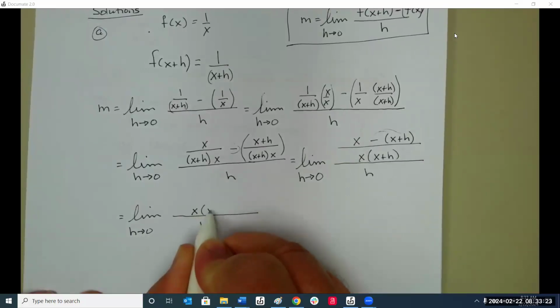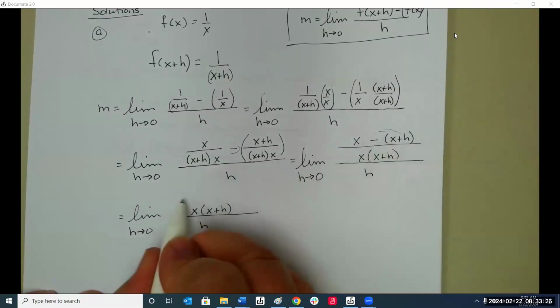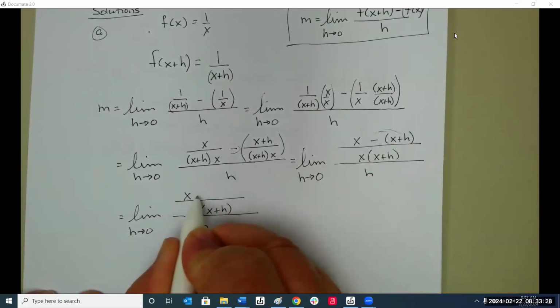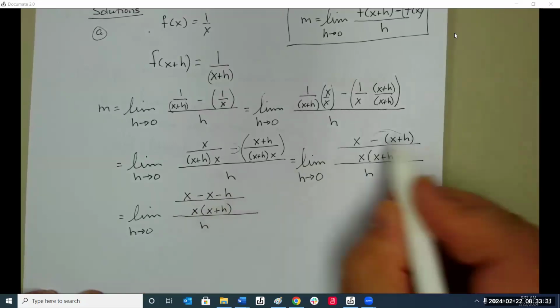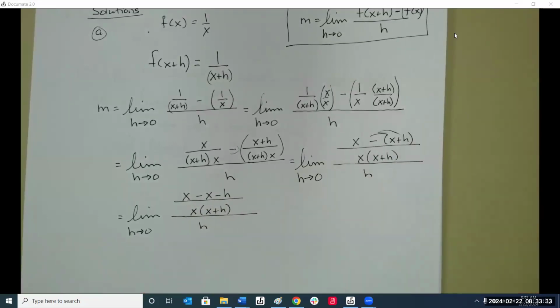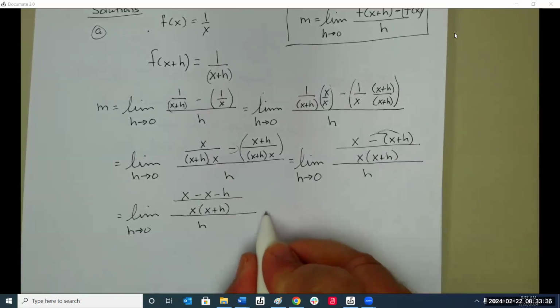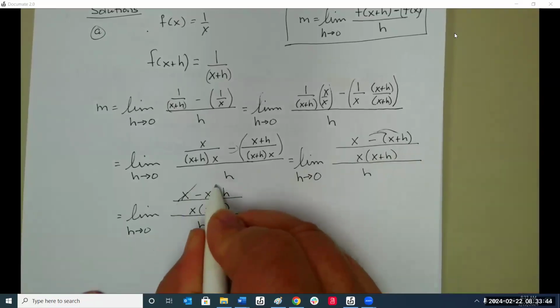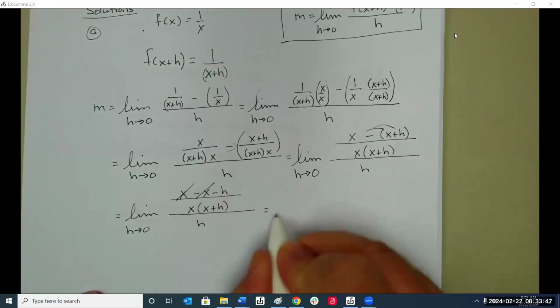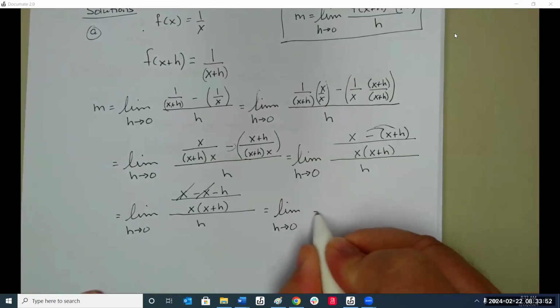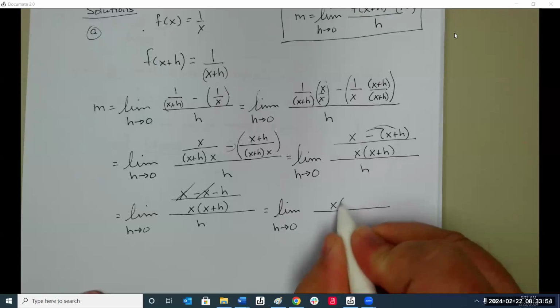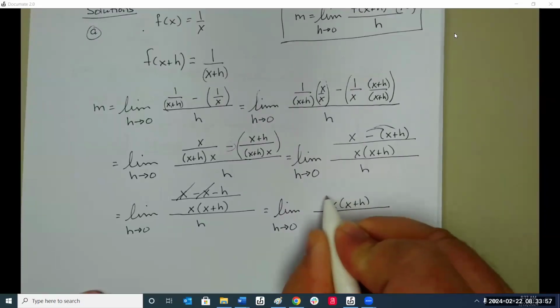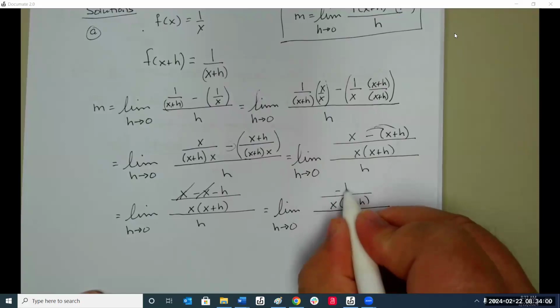So the denominator is x plus h. So the top now becomes x minus h, because this negative changes both of those signs. The x's cancel. And on top, we only have negative h.